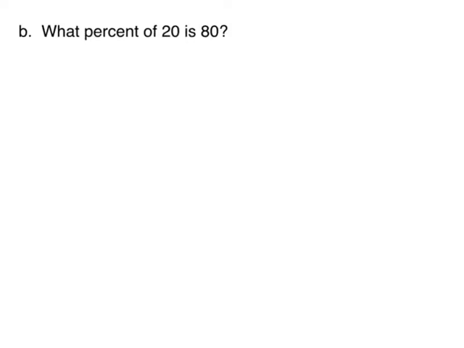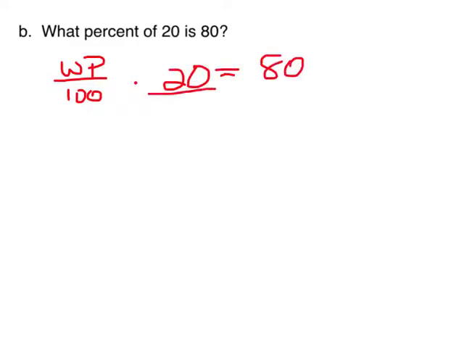All right, let's work this out. What percent, and put that over 100, of 20 is 80? Well, we're going to divide by 20 on both sides, and we get rid of that.